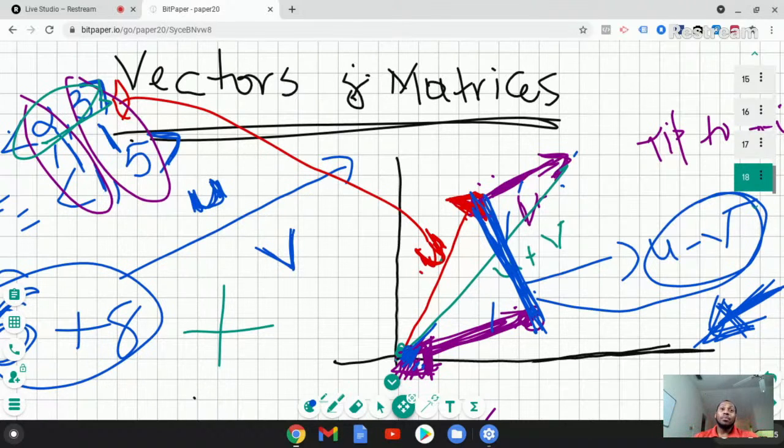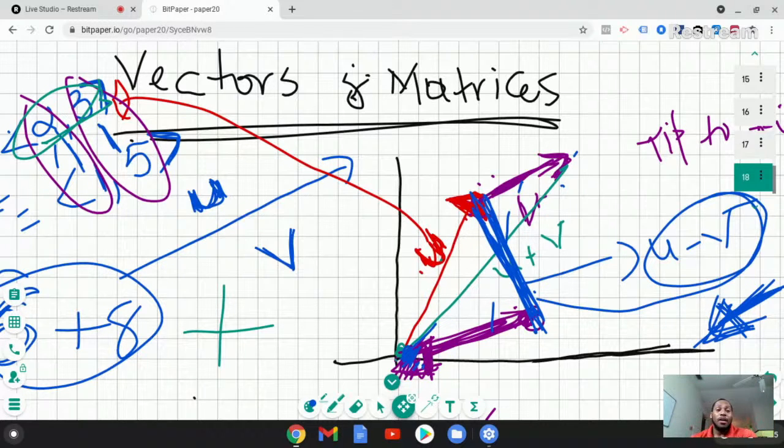The second thing that I ended up doing is I showed you how to add them. I showed you how to add them on a graph using the tip-to-tail method, but I also showed you how to add them by adding the corresponding components, and then I also showed you how to do one vector minus another one.